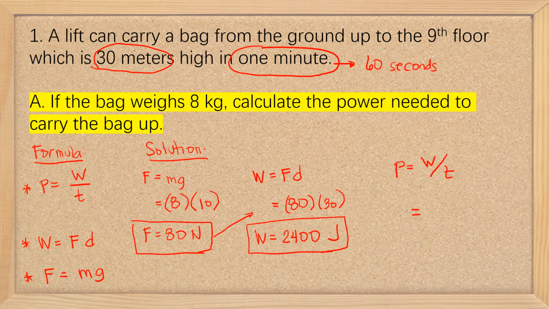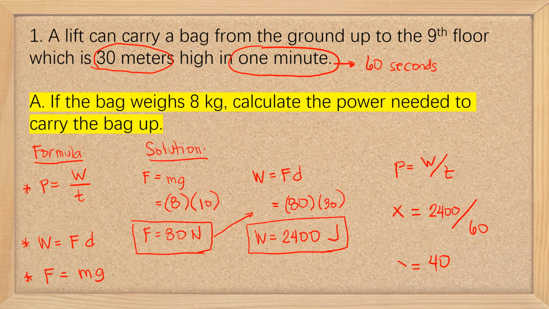So our power here, we already have, let power be P, and then work here, which is your 2,400. I will remove the unit, and then the time, which is your 60. So 2,400 divided by 60. Okay, very good. So you will get a value of 40.